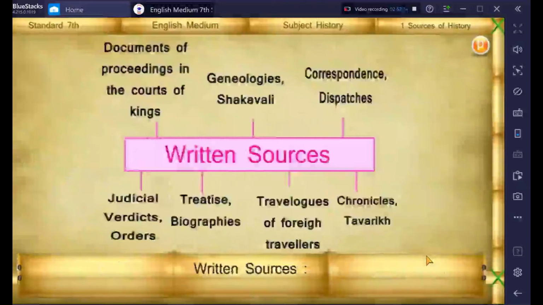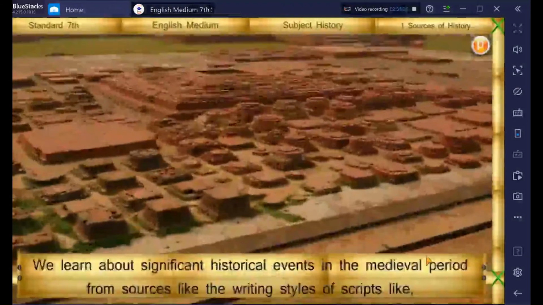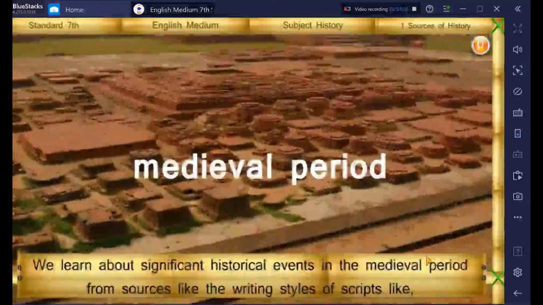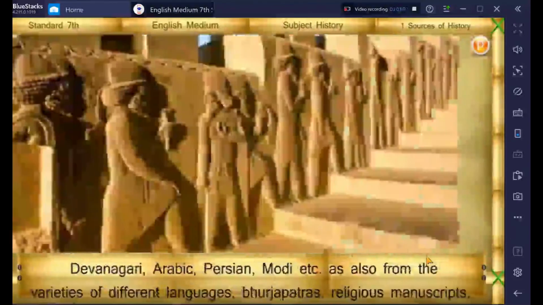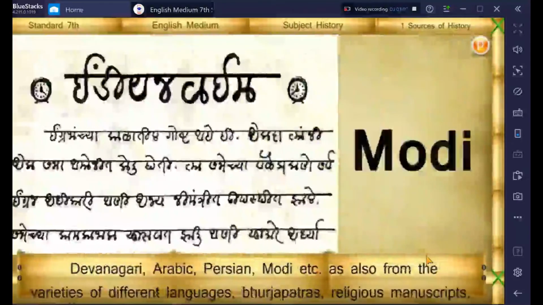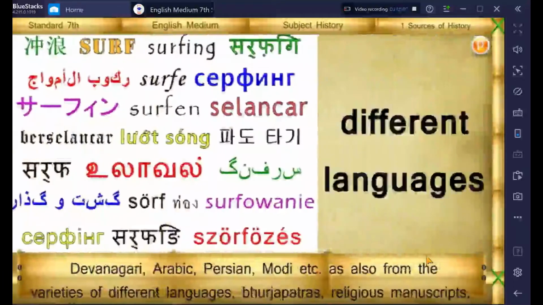Written sources. We learn about significant historical events in the medieval period from sources like the writing styles of scripts like Devanagari, Arabic, Persian, Modi, etc., as also from the varieties of different languages.